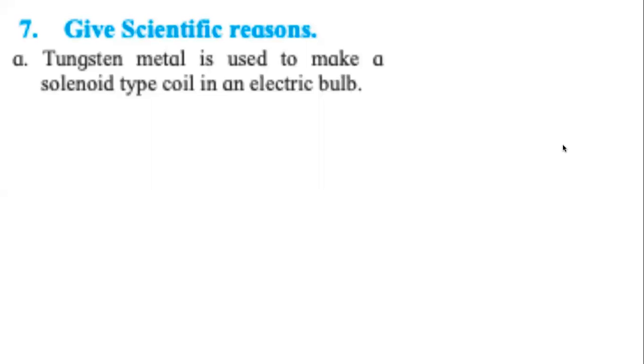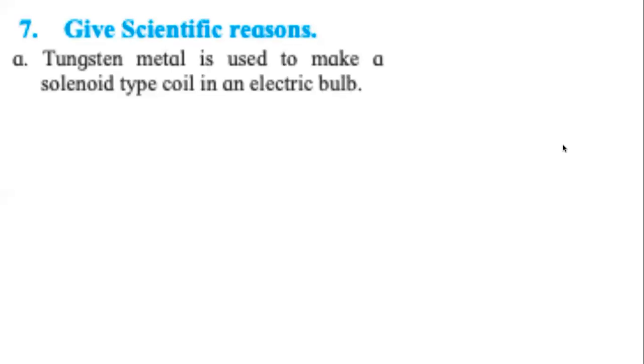Now very easy. If you have understood what we just studied, we can answer question number 7, part A. Tungsten metal, Rahul, it's a metal, is used to make a solenoid type coil in an electric bulb. Why is it used? Answer it in the notebook, take a picture, send. If you are finding it difficult to send it on the WhatsApp, type it in the chat.